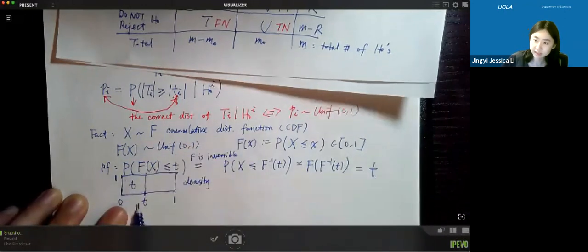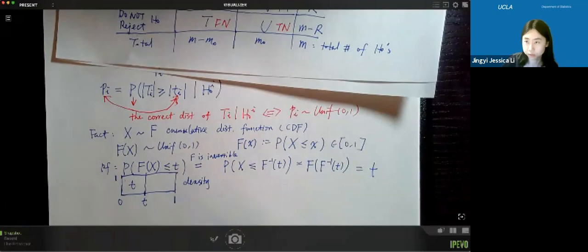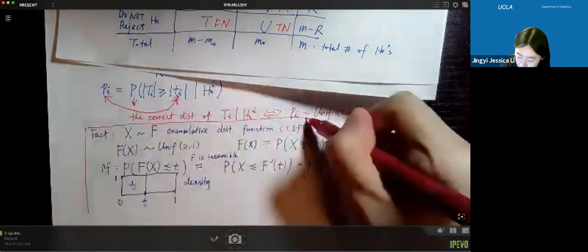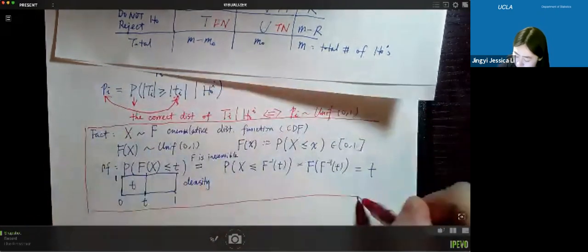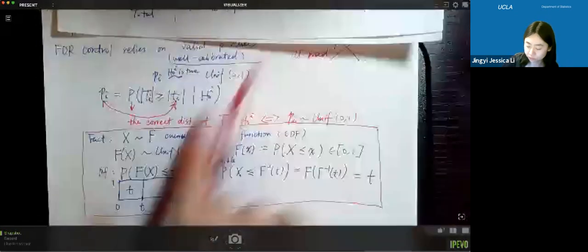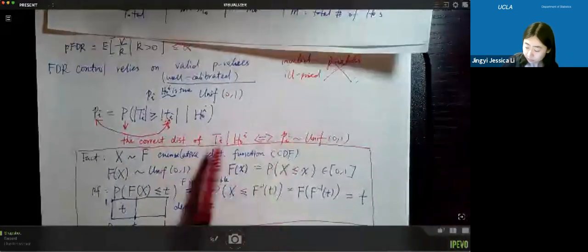So this is exactly the definition of a uniform distribution. And what I want to say is that this fact is essentially why the p-values are uniform 0 to 1. Valid p-values should be uniform 0 to 1.